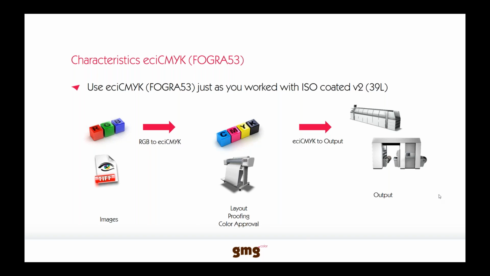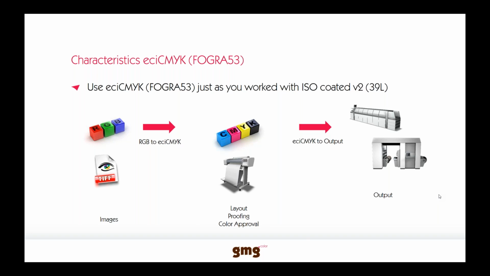So, can FOGRA53 be compared to the IKEA color space? Actually, yes. The IKEA situation is that they have to produce their catalog. They have different printers all over the world with different papers, so a lot of different output conditions.